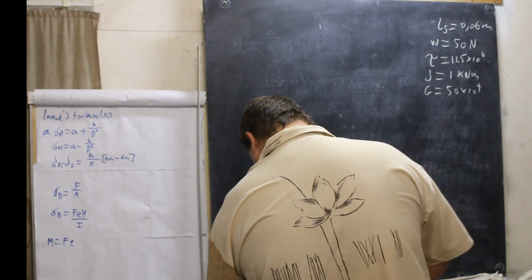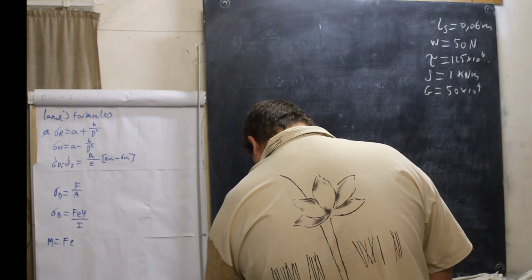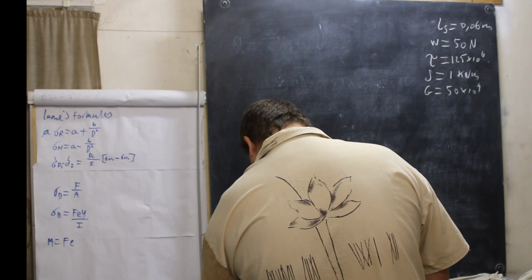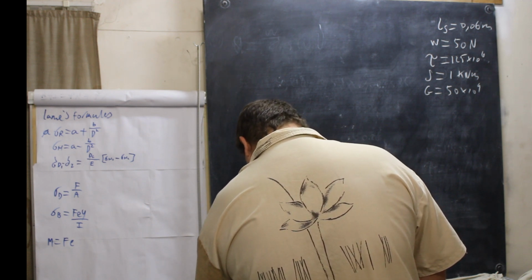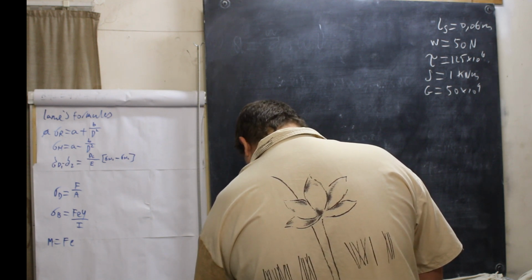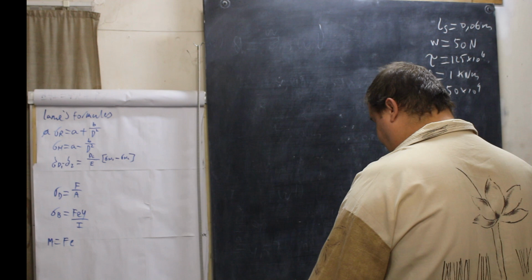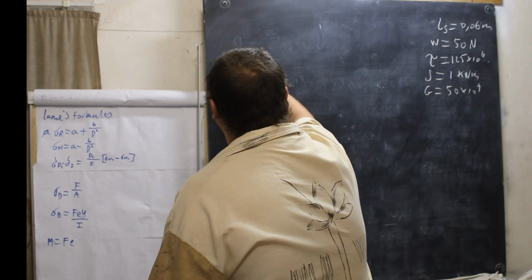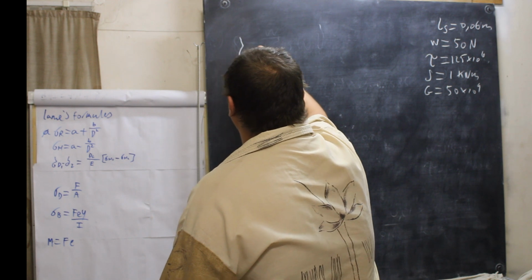First things first, they want us to calculate the deflection of the coil, the strain energy in the coil, the diameter of the coil wire, the mean diameter of the coil, and the number of coils. So, first, deflection is very easy. Deflection is this symbol here.